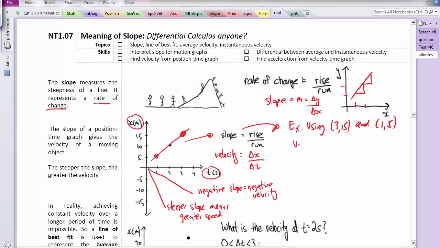So Vx is change in x over change in time, which is xf minus xi over tf minus ti. So Vx is equal to final position 15, initial position 5, over the time interval 3 minus 1. This gives us a velocity of 5 meters per second, and it's positive 5 meters per second, so it's to the right.